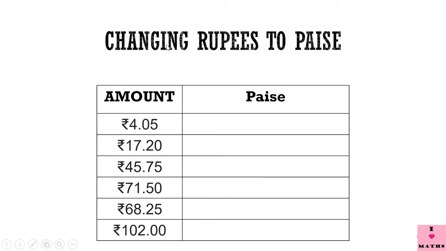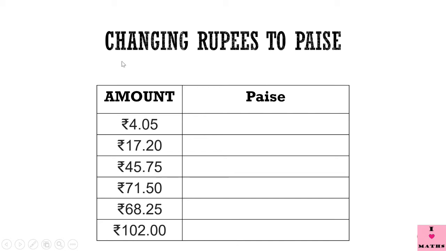Now we are going to change rupees to paise. Suppose rupee 1, I have already told you, is 100 paisa. Okay. So rupees 2 will be 200 paisa. Rupees 3 will be 300 paisa.